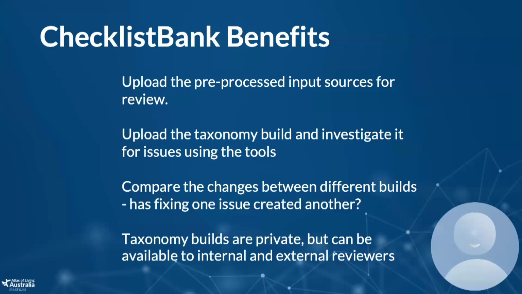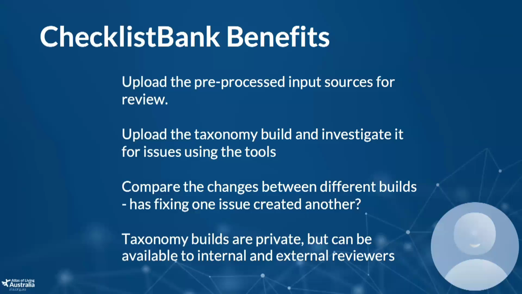Once we'd completed a build of the taxonomic backbone, we uploaded that and investigated issues using the reporting tools. Once again, being able to easily browse the taxonomic tree was of enormous benefit. The ability to see the difference between those uploads allowed us to confirm that things that we'd done to fix a particular issue had worked and hadn't introduced new issues.